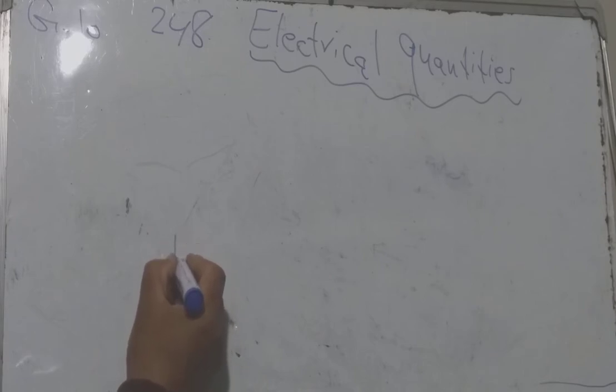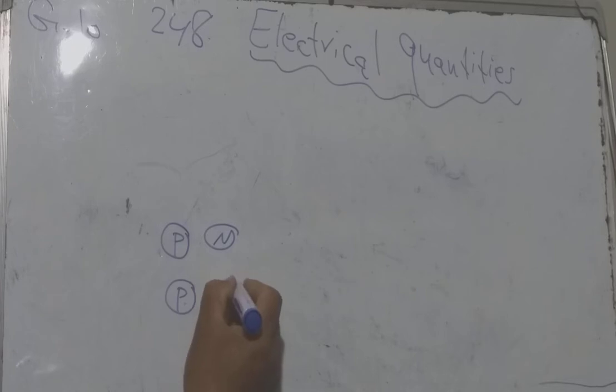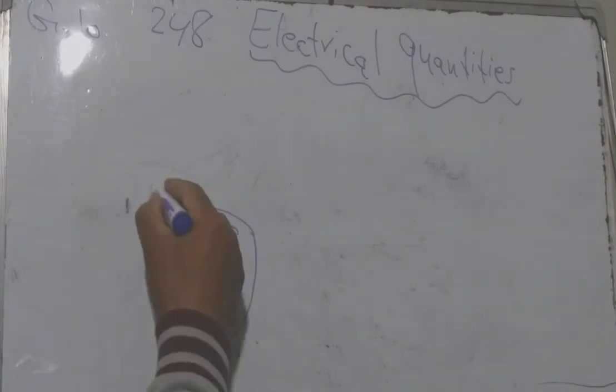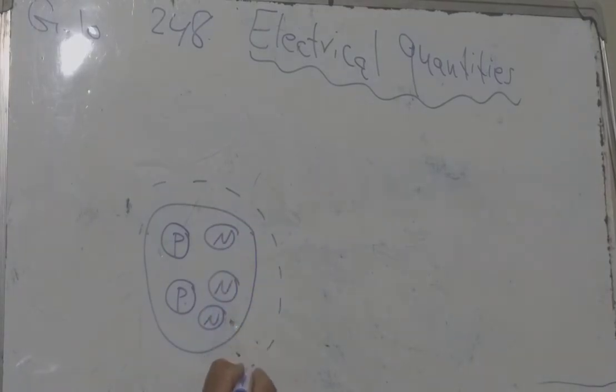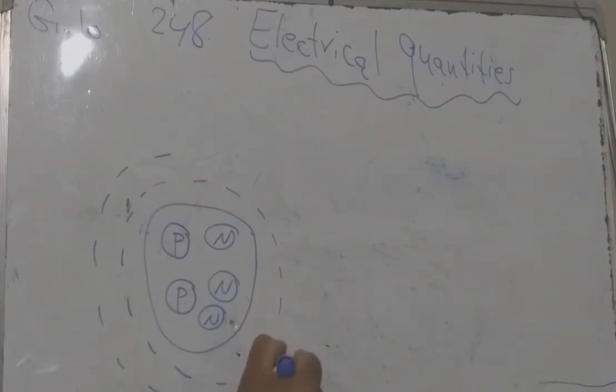There are protons and some neutrons, they will be in the center here, surrounded by electrons. So this is the structure of an atom.